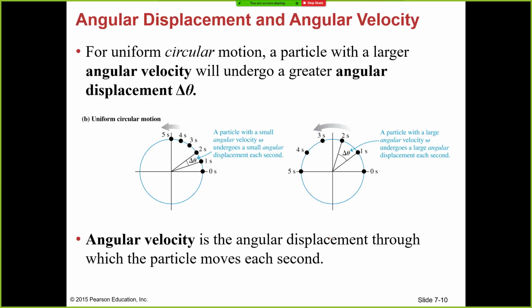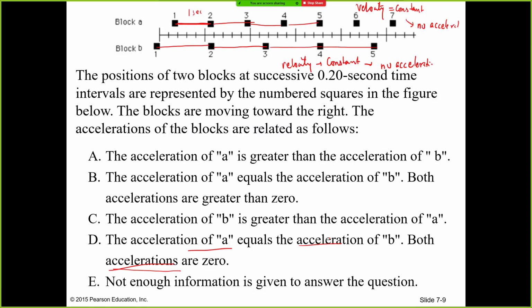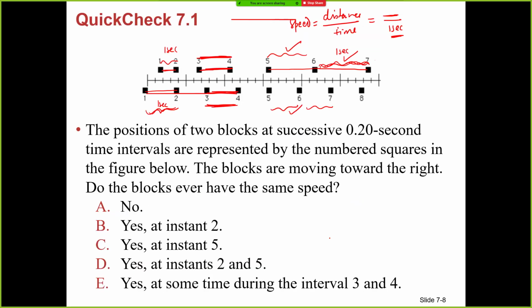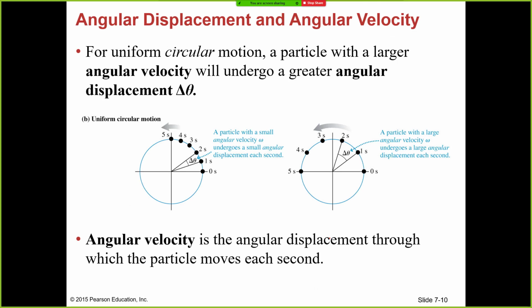Okay, so just like we saw how to find the speed in linear motion, we can also find the speed in rotational motion. But in rotational motion, instead of calling it just the velocity, we call it angular velocity. Okay, it is denoted by this Greek letter omega, small omega.